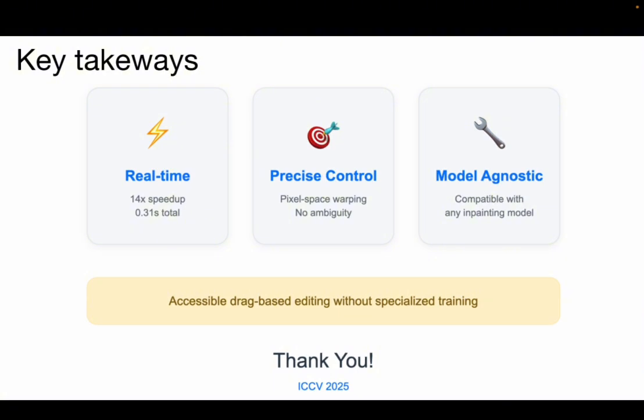Key contributions include millisecond-level preview generation with 14x speedup, competitive editing precision while preserving image identity, and compatibility with various inpainting models. Our method enables accessible drag-based editing without specialized training. The real-time preview transforms editing from trial and error to intuitive, immediate feedback.